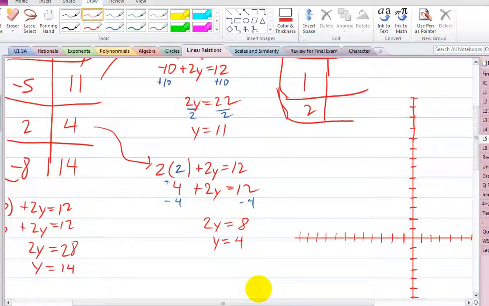So once you've done that, graph your points. You do have to go up to 14, so make sure you have that properly done. 6, 8, 10, 12, 14.